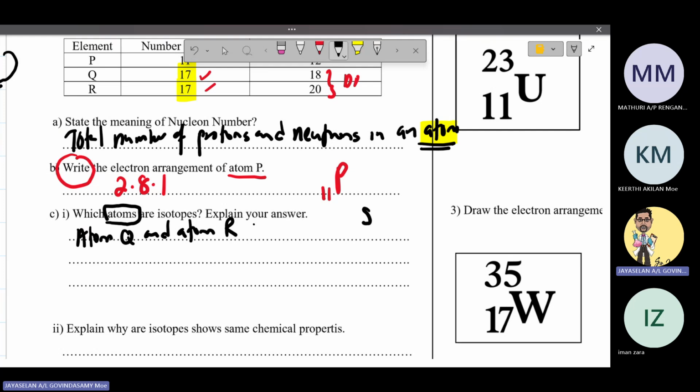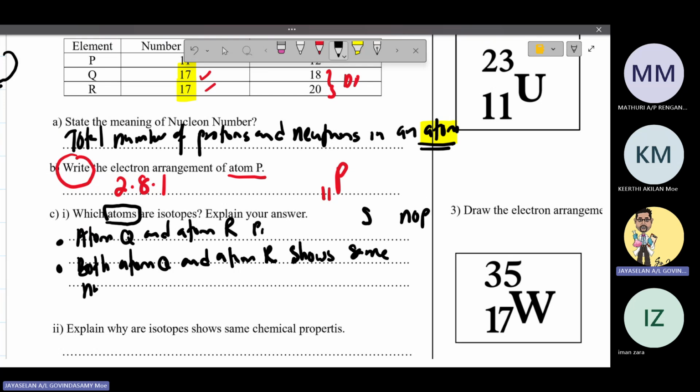So next, they ask you to explain. You can put both atom Q and atom R show the same NOP, same number of protons.